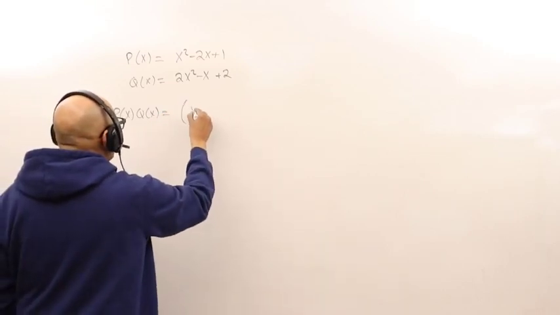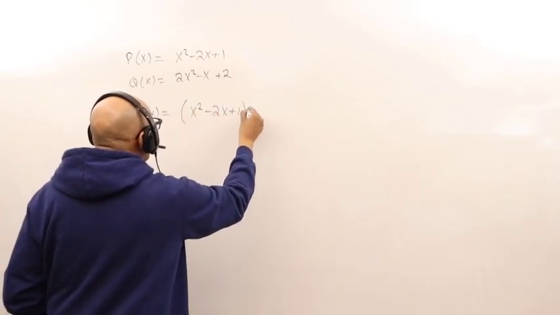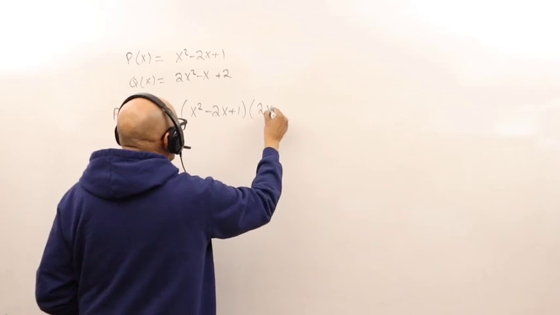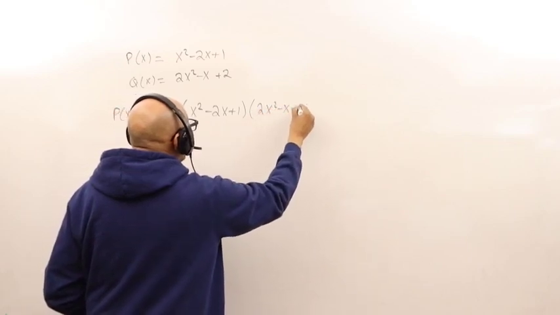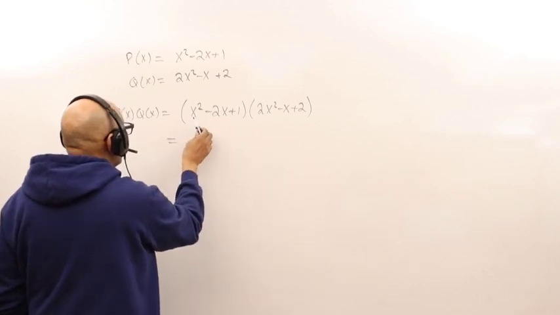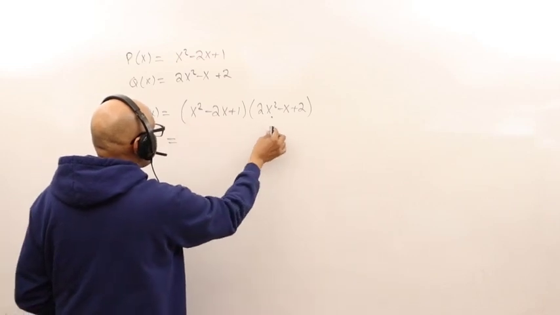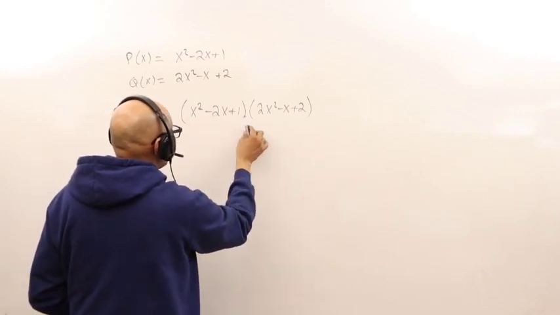So expand. We're going to apply the distributive law: x squared times this term, minus 2x times this, plus 1 times this.